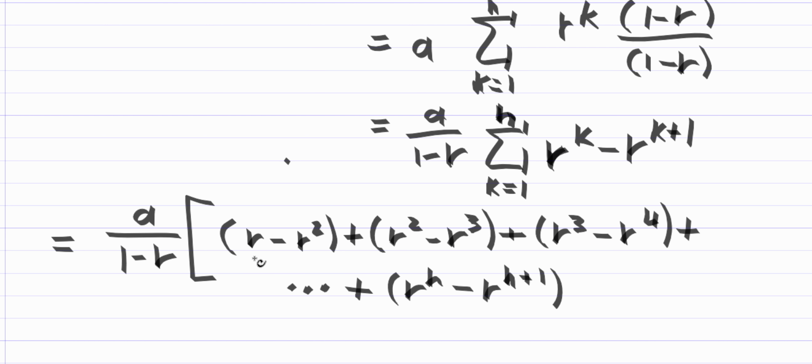But here's what we notice. We notice that successive terms here will cancel out. This will cancel with this. This will cancel with this. This will cancel with the fourth entry, so on and so forth, until this eventually gets canceled, and we're left with r minus r to the n plus 1.